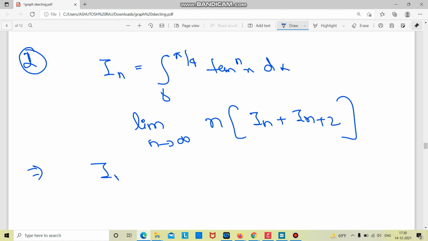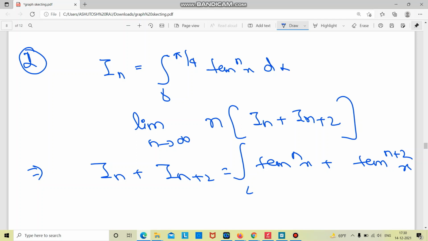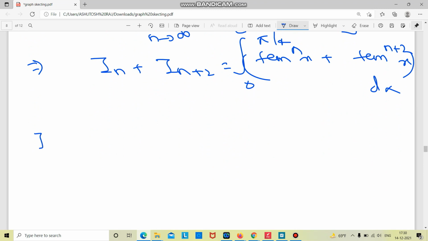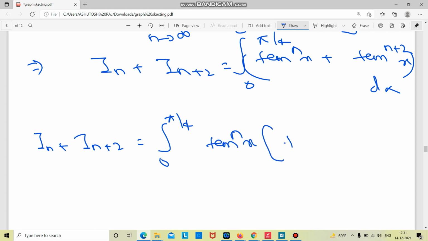So we will firstly calculate I(n+2), which is equal to the integral from 0 to pi by 4 of tan to the power n x plus tan to the power n plus 2 x as a whole, dx. So I(n+2) is equal to the integral from 0 to pi by 4 of tan to the power n x into tan squared x plus 1, dx.